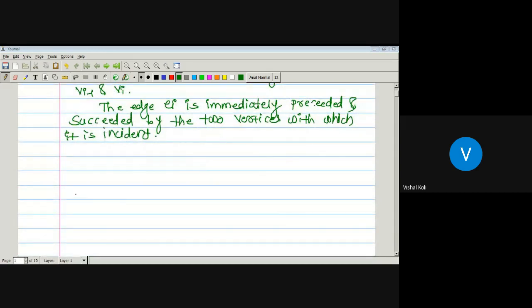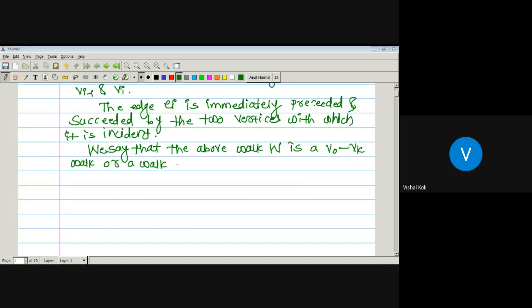Now we say that the above walk W is a V0 to Vk walk. Either we can say a walk W or a V0 to Vk walk, or a walk from vertex V0 to vertex Vk.